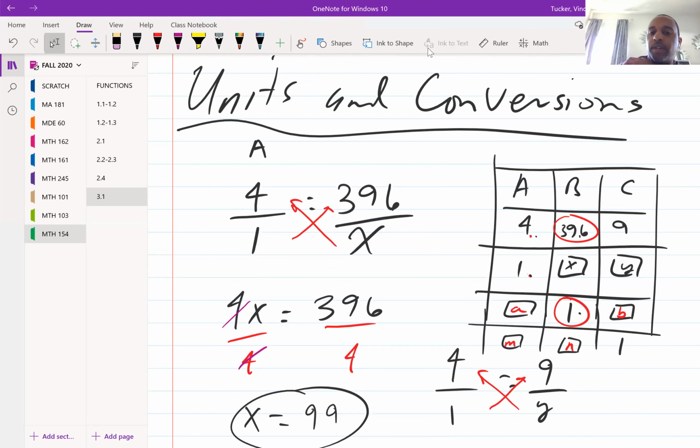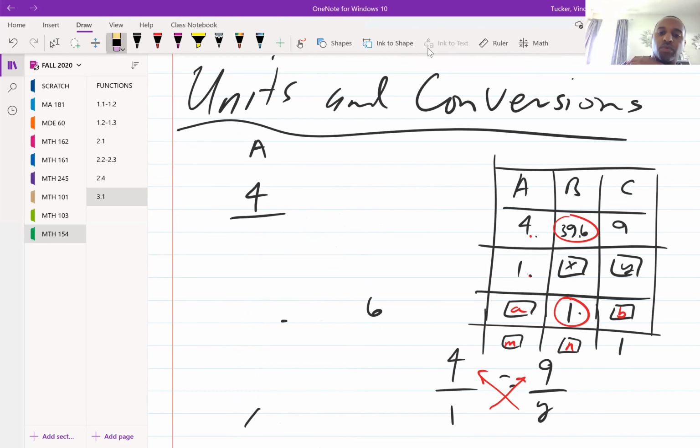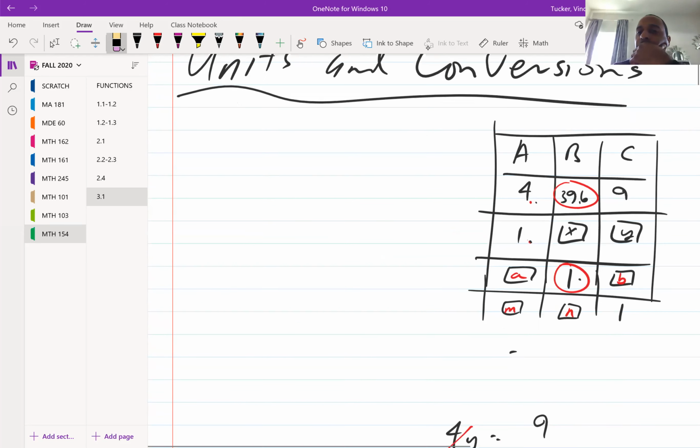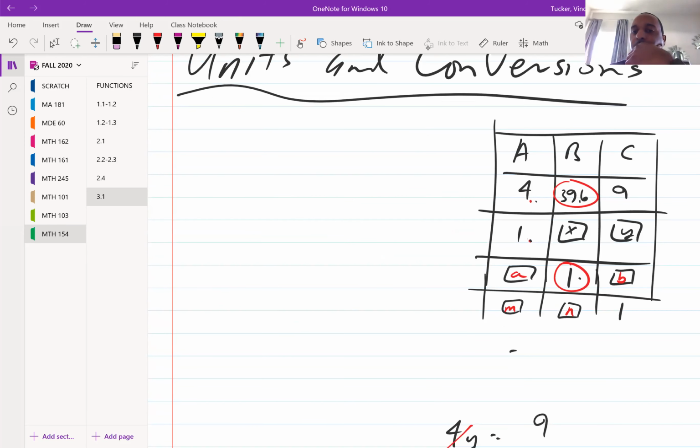Yeah, we can just work with the values that we have right there. So this chart right here is what we have.